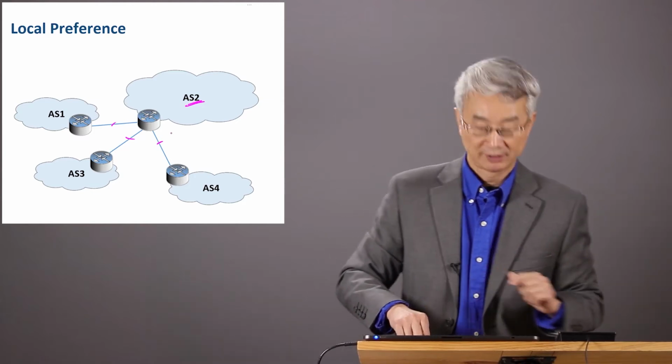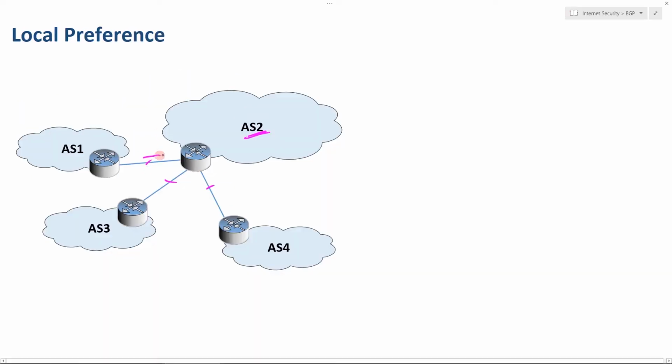For example, if I say anything coming from this inbound path, I'm going to assign 150 to that. The other ones, I'm going to just assign 100. What does that mean? That means I'm going to prefer this path. If I get 3 paths to the same location P, this one says I'm going to get into P through this one and some other things.